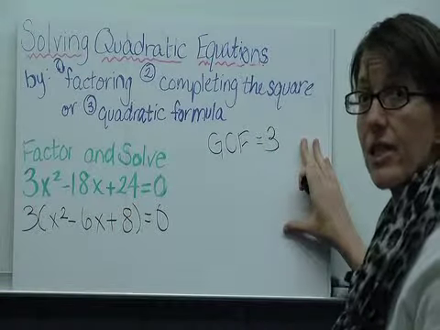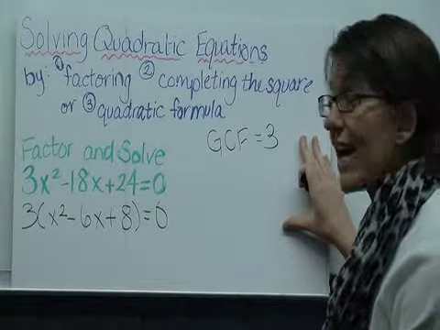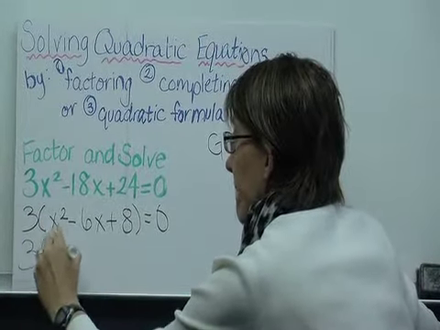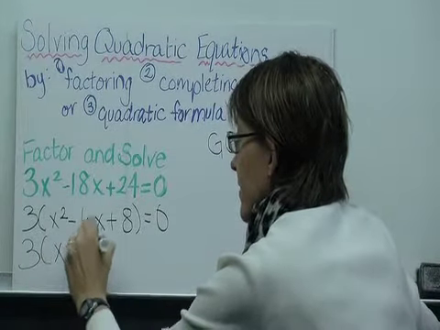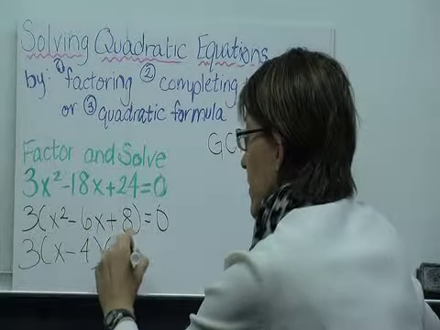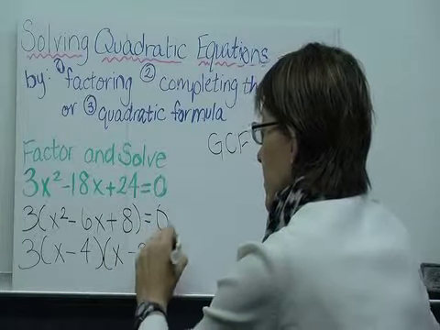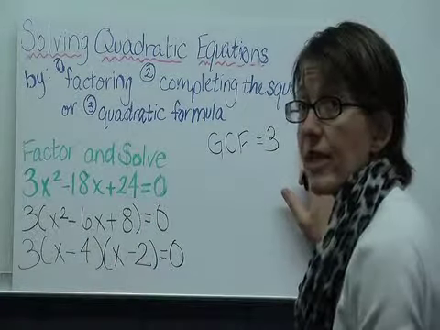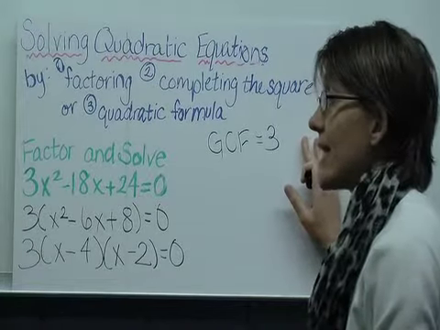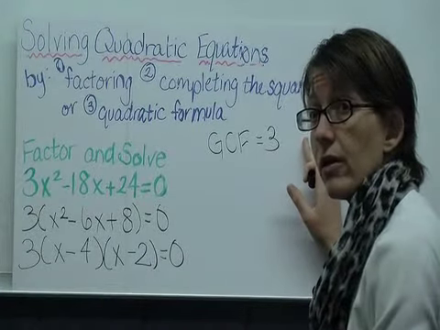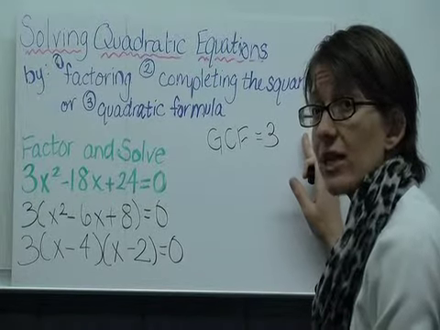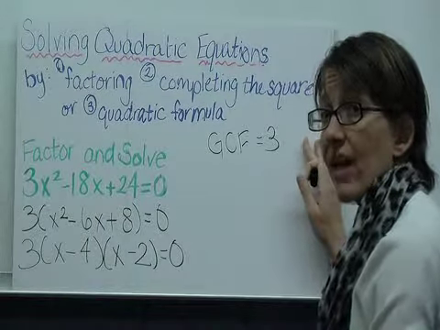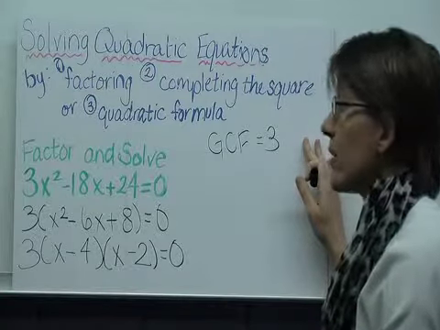Now I have something that's much easier for me to factor. You may want to check by multiplying your 2 binomials together to see that x minus 4 times the quantity x minus 2 does in fact equal x squared minus 6x plus 8.